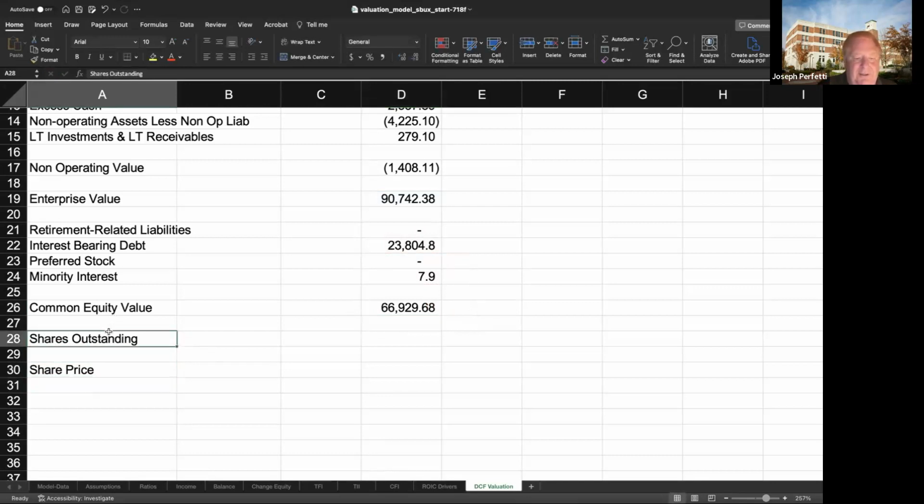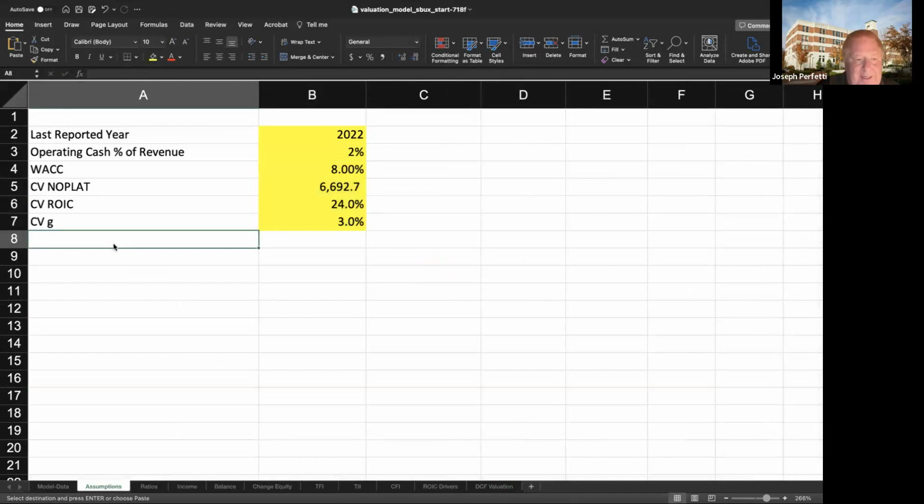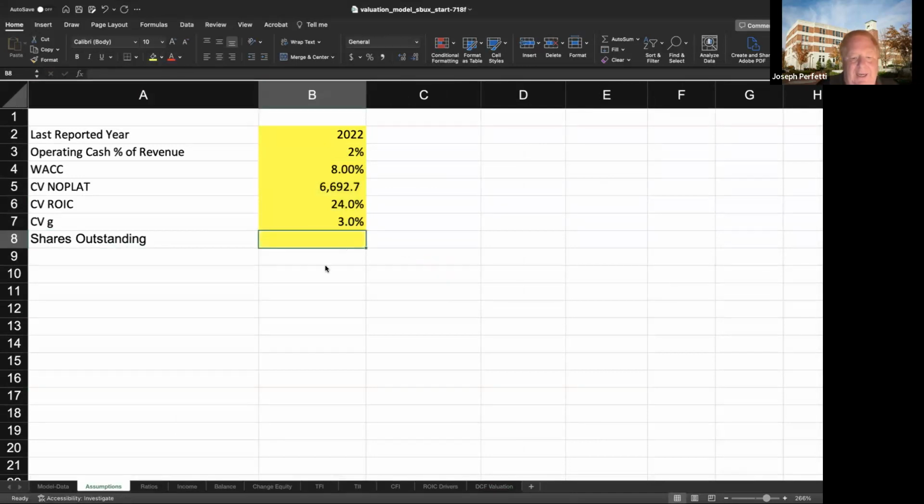Now, here's the thing. Shares outstanding is going to change by company. So I'm going to make this my next assumption. I'm going to make that yellow. And for Starbucks, their current shares outstanding right now, Bloomberg, as of today, their share count is 1,146.4 million.